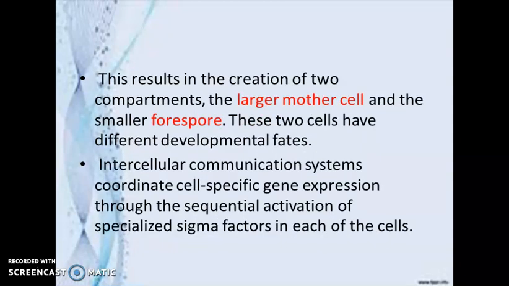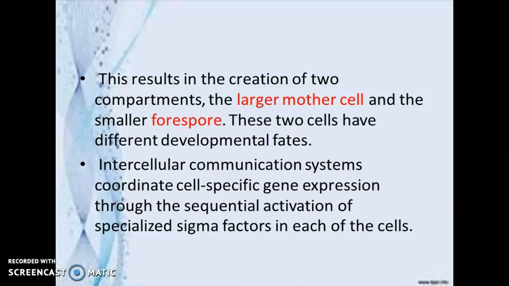This results in the creation of compartments, that is, a large mother cell and a small forespore. These two cells have different developmental phases, so they have different fates in their development.